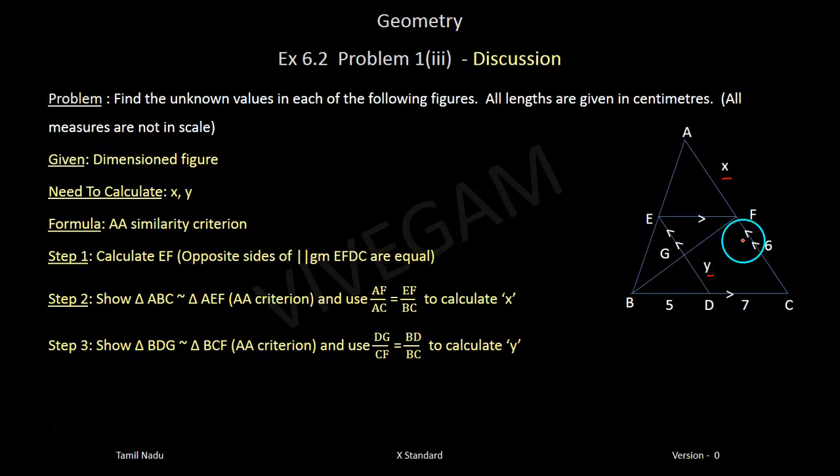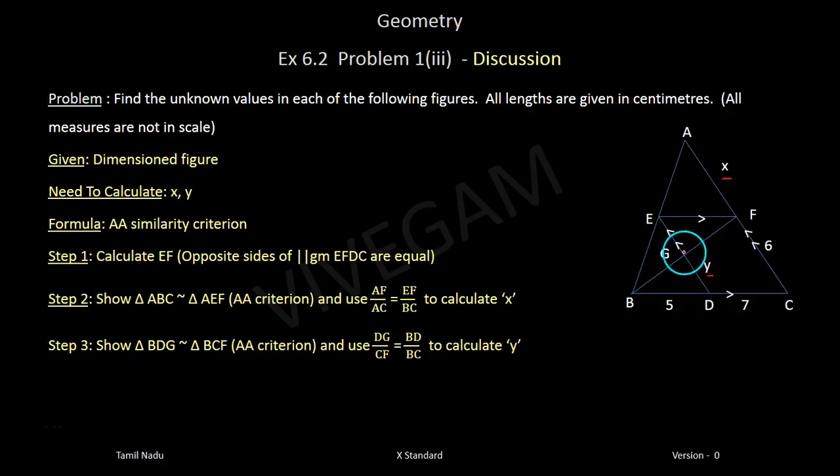Then these two lines are parallel, so this angle equals this angle. Corresponding angles of the two triangles are equal, so triangle BDG is similar to BCF. So DG divided by CF, y by 6, will be equal to BD, that is 5, divided by BC, which is 5 plus 7. So you will get an equation in y.